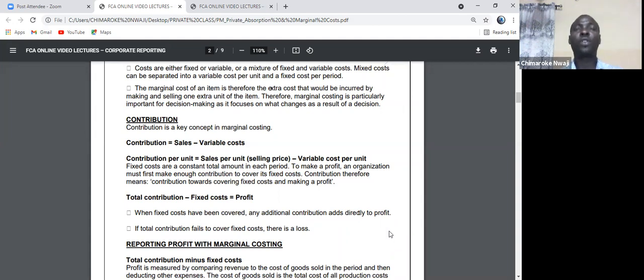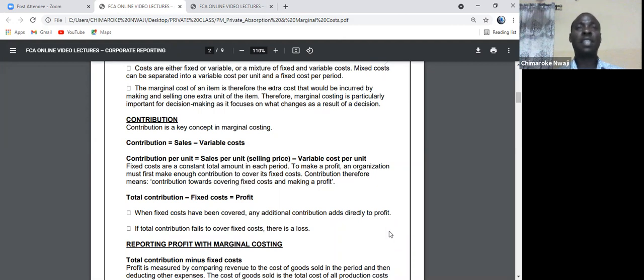And so if your contribution is equal to your fixed cost, that means your value of profit will be 0. That is what we call the break-even analysis, when your total contribution is the same as your fixed cost. It means you made no profit. But that also means that your contribution has exactly covered your fixed cost.